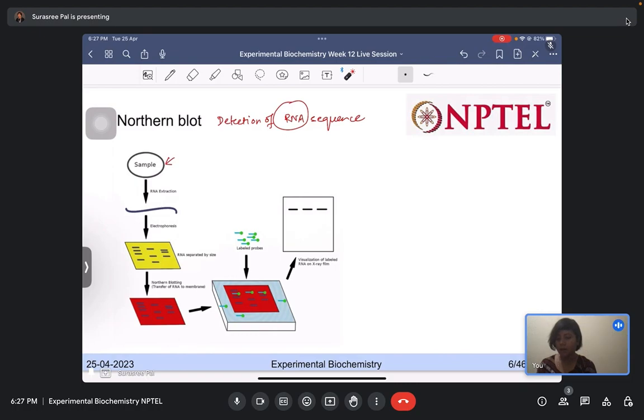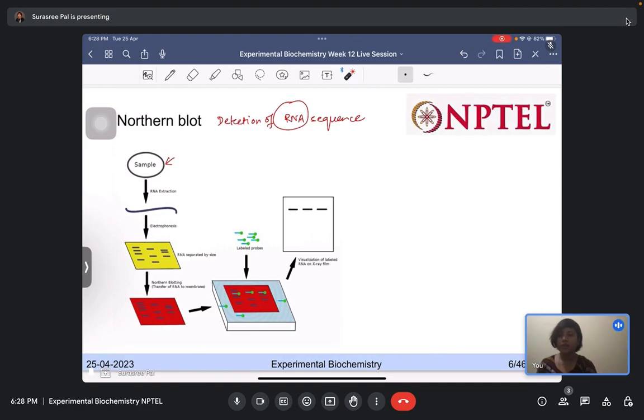And then the next step is the hybridization with the labeled probes, right? The labeled probes can bind to the RNA of our interest, and then these RNA sequences can be visualized on X-ray film if the labeled probes are radiolabeled, so radioisotope labeled.